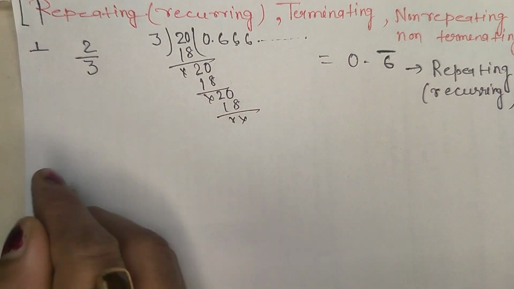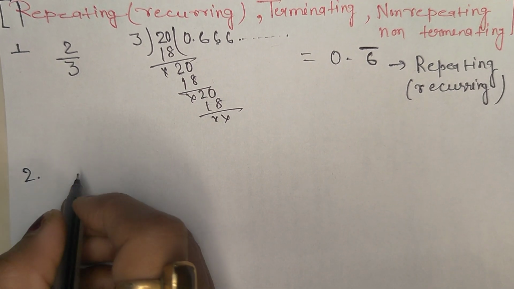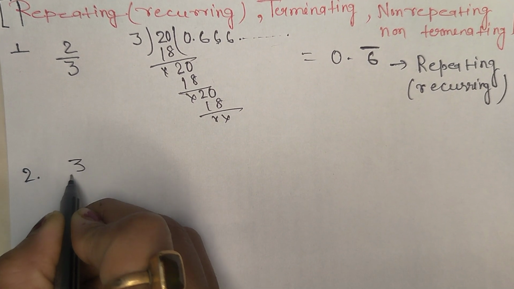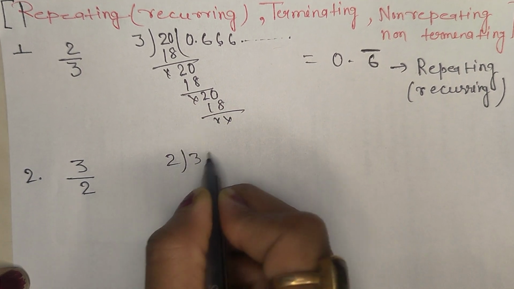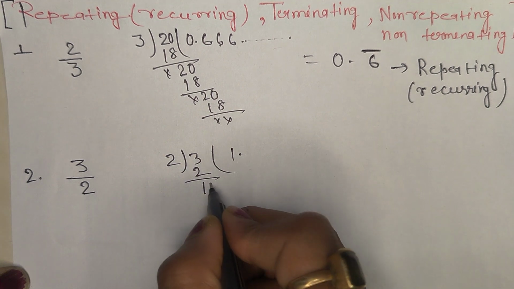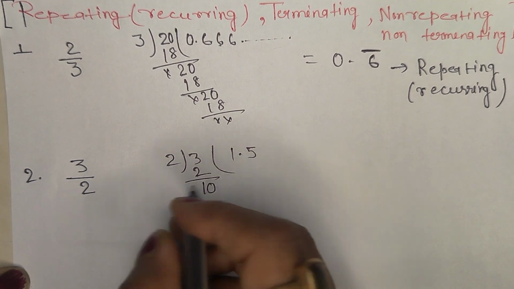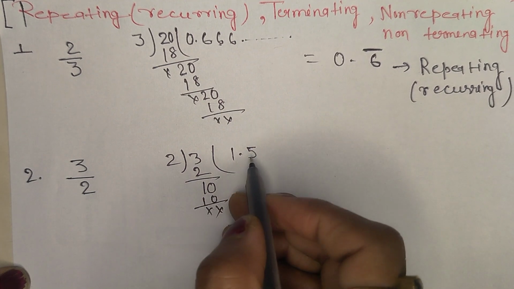The next is question number 2. We take 3 by 2. We divide 3 by 2, 1 times. We take decimal 0, 5. 2 5s are 10. It is cut.